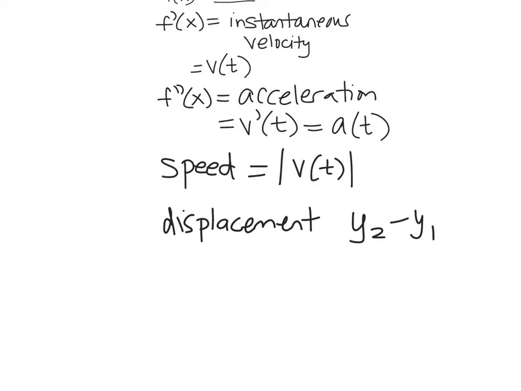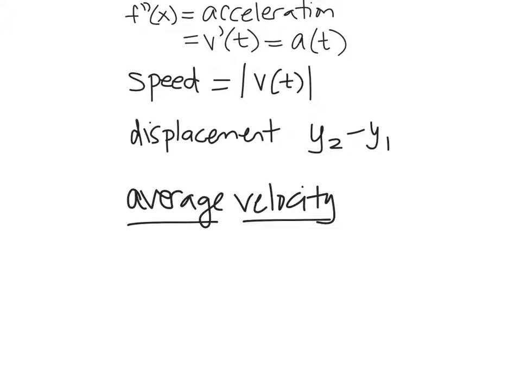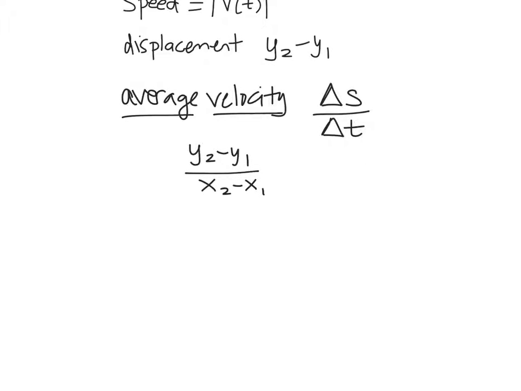Okay? That's the displacement. And then you also have average velocity. Not to be confused with instantaneous velocity. We've done average velocity already. Average velocity is going to be the change in s over the change in t. So the change in your displacement over the change in time. It's just basically y2 minus y1 over x2 minus x1. Okay? It's just the slope of the secant line. So, for example, in order to ask you to find the average velocity, I need to tell you 2 times.